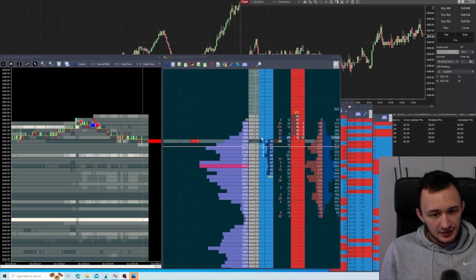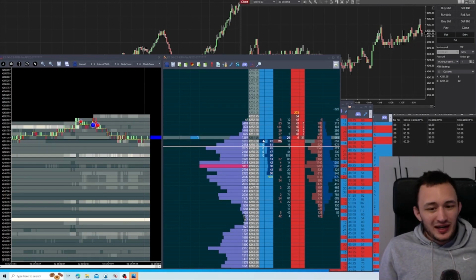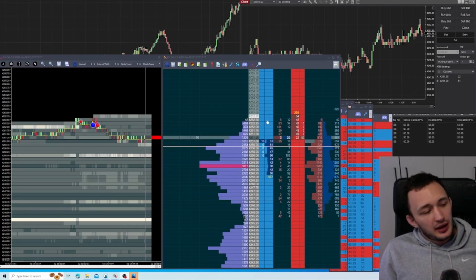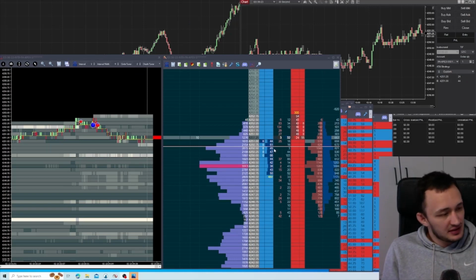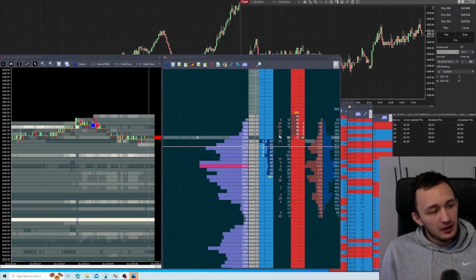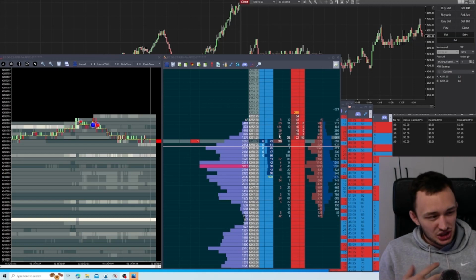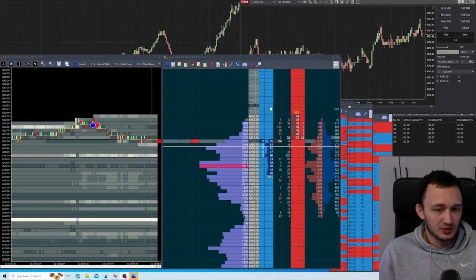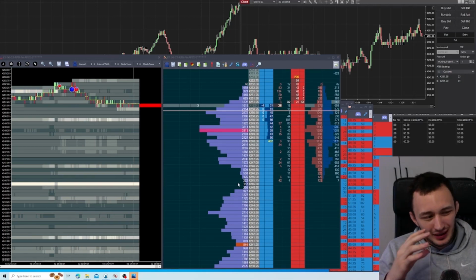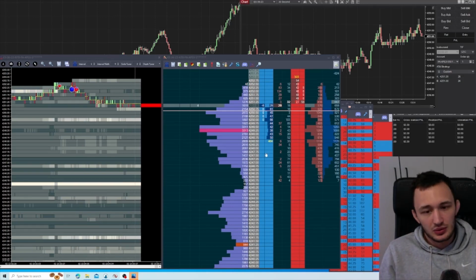So the next thing: when do you think a breakout is happening or a bell curve is accepted? I look at it this way, this is just what works for me and what I like to look at. So this is generally what market profiles are. Now I want to talk a little bit about how I use them as well.